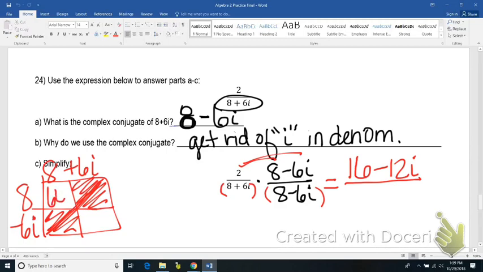So this is 64, and then this would be negative 36i squared, so that just becomes positive 36. What's 64 plus 36? 100. Now that would be your final answer, unless they all reduce, which they do. They all have a common factor of 4.